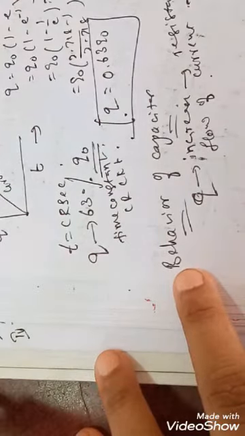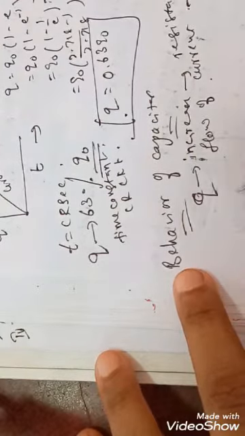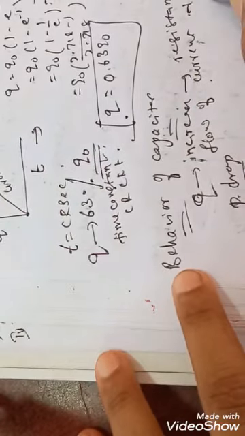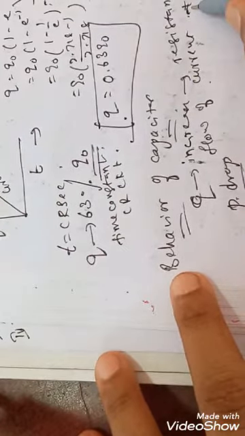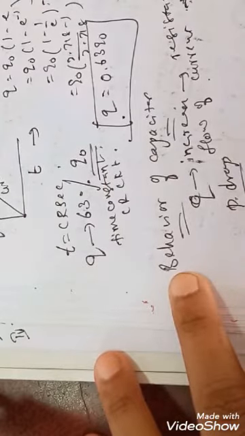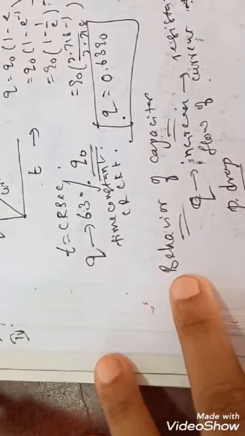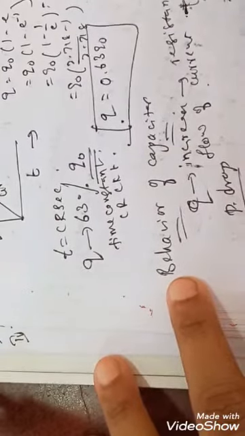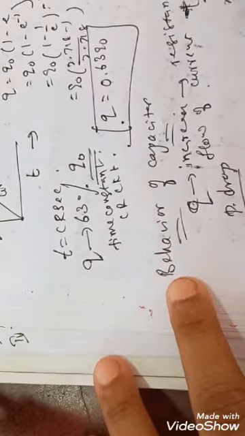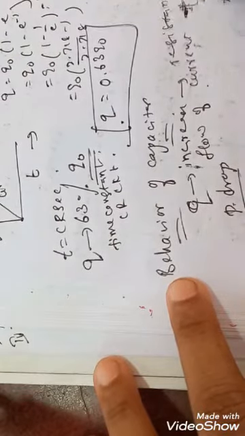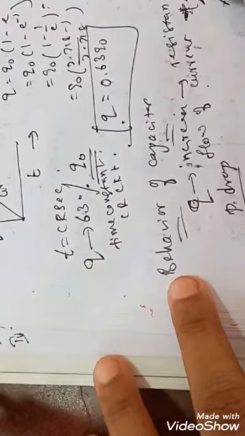You understood? Already it has charged, so it opposes the further charge to come. This built-up charge on the capacitor plates opposes further charge, and that is nothing but creating resistance to the current.